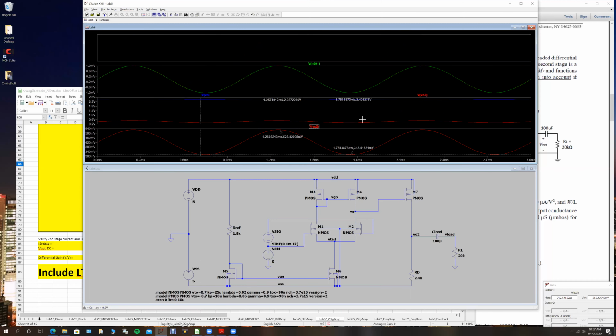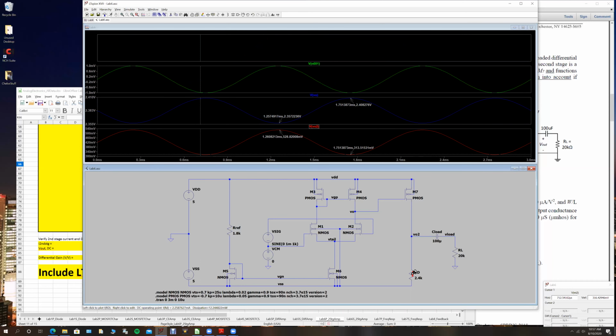I don't think that actually plotted the current. Let's see. Get rid of that. Okay, there's the current. So it looks like it's around 2.255 milliamps. And ideally, you'd expect around 2 milliamps if you have 4 milliamps through M6. So that's pretty close. At least it kind of predicts what we would expect.